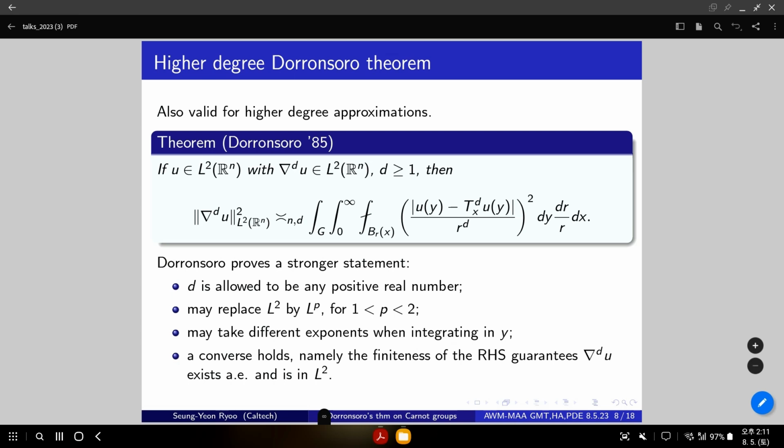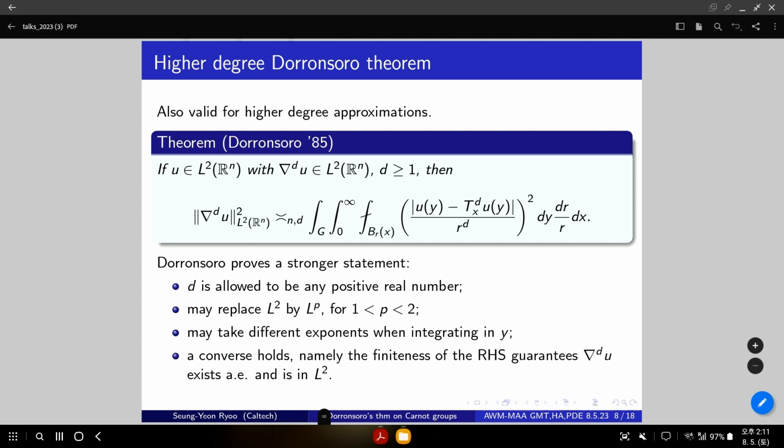L1 is a very fickle case, and I am not aware if it is true in L1, but one obstruction against that is that L1 is not uniformly convex. So I don't have a good answer to that.